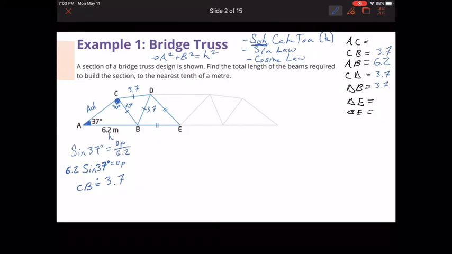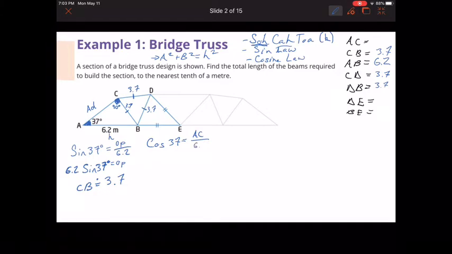I think I'm going to use cosine, though, because I feel like that might be a little bit easier to do than Pythagorean theorem. So I'm going to go with cosine of 37 degrees equals the adjacent. In this case, the adjacent is AC over my hypotenuse.